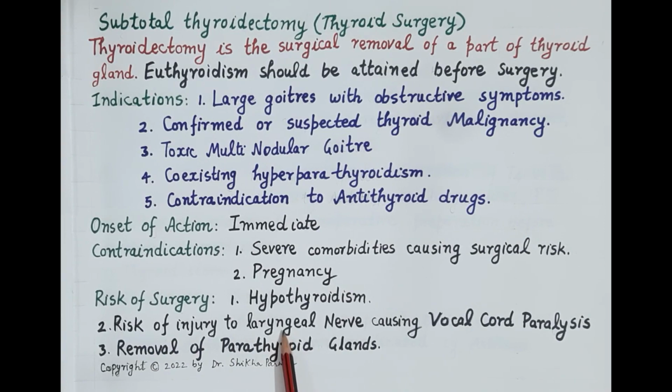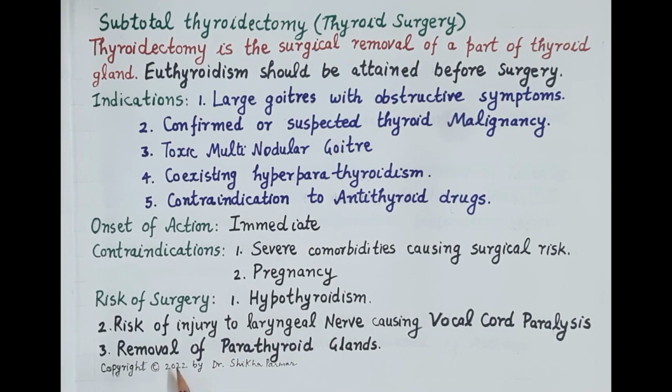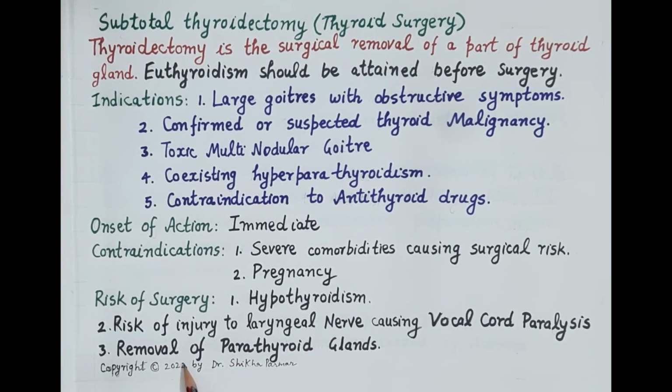If the laryngeal nerve is injured, it can cause paralysis of the vocal cord, and in some cases, by mistake, the parathyroid gland is also removed along with the thyroid gland. So these are the risks of subtotal thyroidectomy.